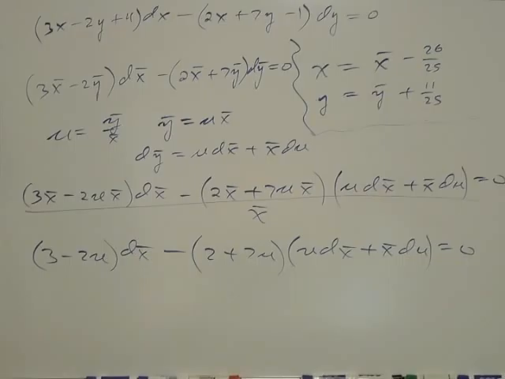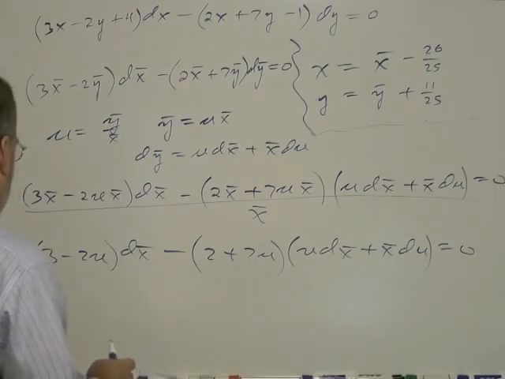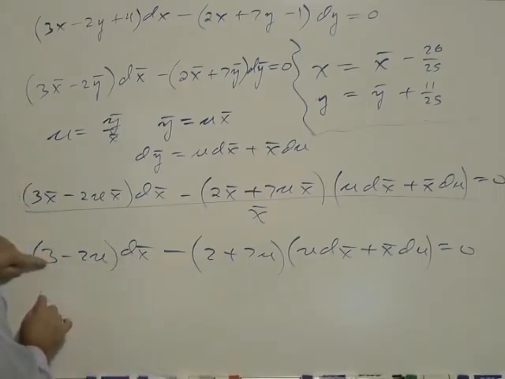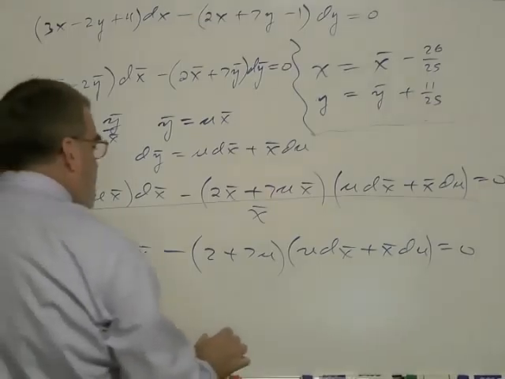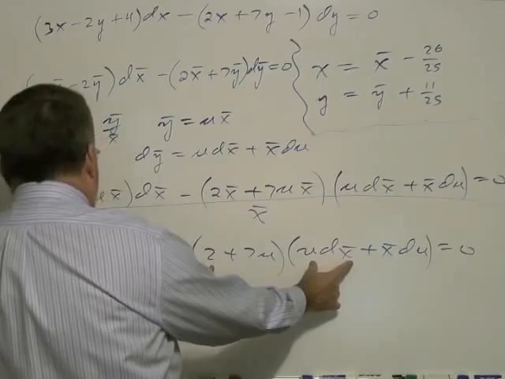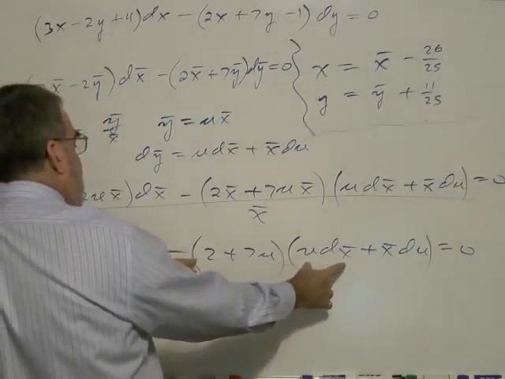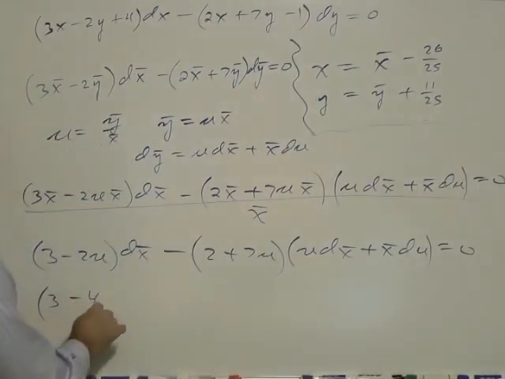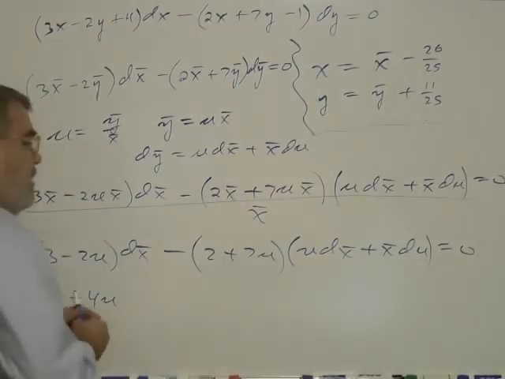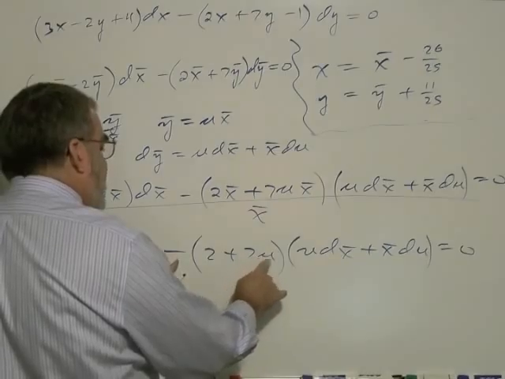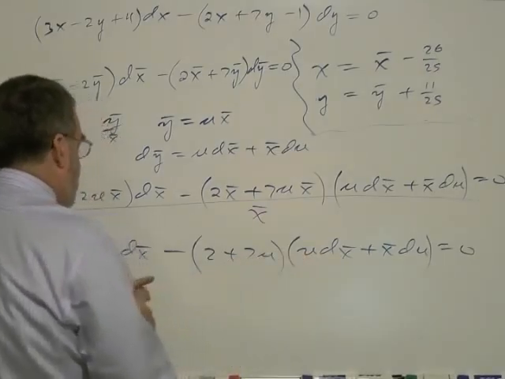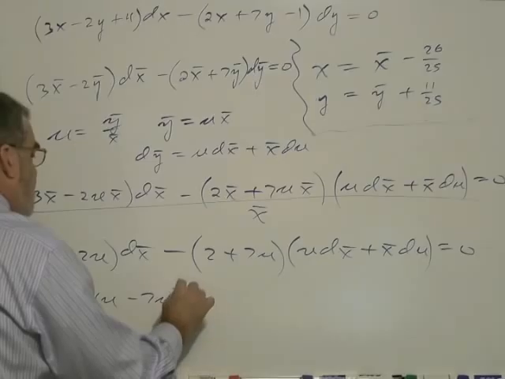Okay, now what else we got here? Let's go ahead and flesh this out. The dx bar terms will be 3, I've got minus 2u dx bar, here's another minus 2u dx bar. That's minus 4u. And then we have a minus 7u times u, which is minus 7u squared.